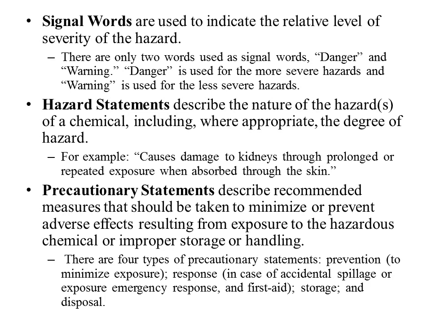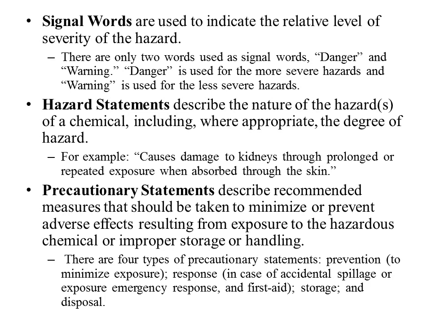For example: causes damage to kidney through prolonged or repeated exposure and is absorbed through the skin. That means if a worker comes in contact with such a chemical for a prolonged period of time, it may cause damage to his kidney or have some effect on his body. So that is what the hazard statement describes.